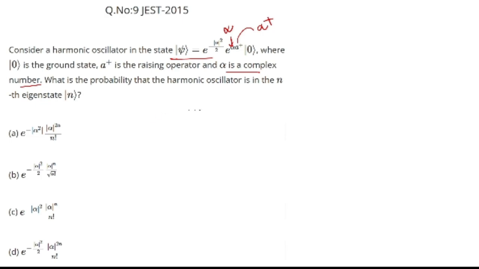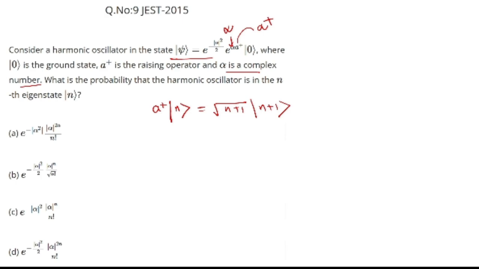Very simple. See, if we operate A dagger, the raising operator, on any state, say n state, it always gives root n plus 1, then n plus 1 state. This is the property of the A dagger operator.